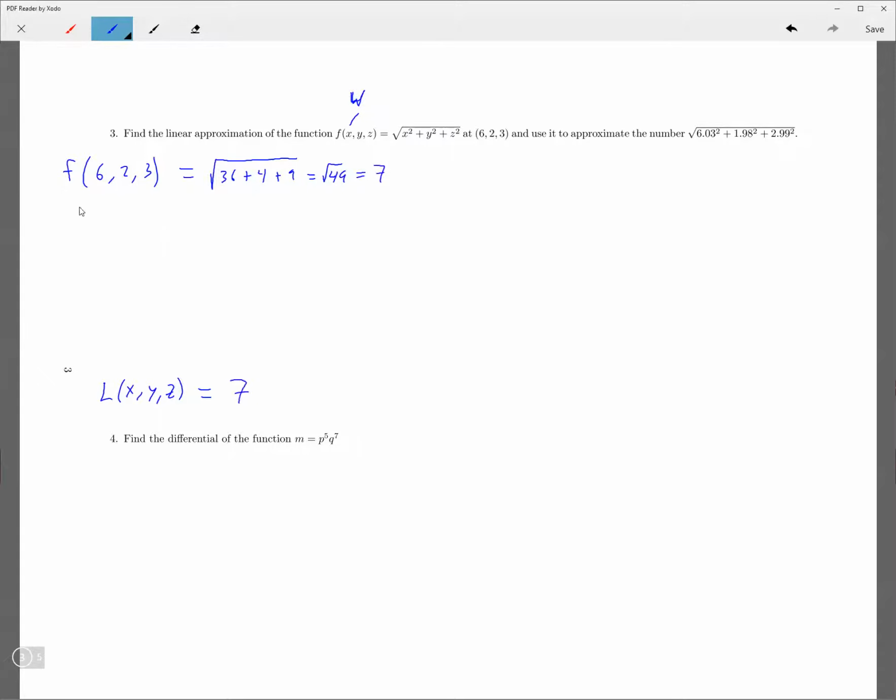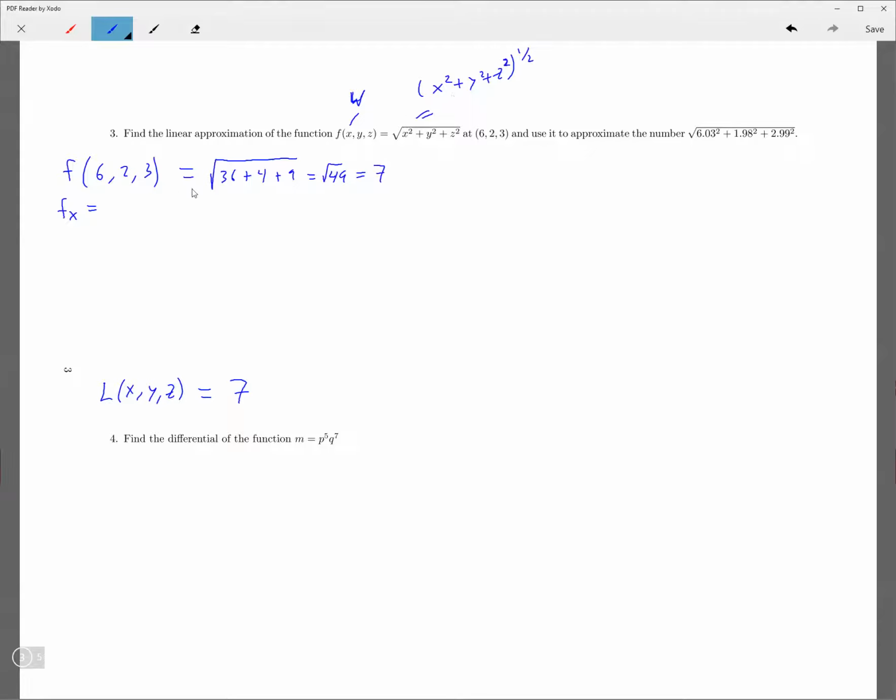Okay. Then the partial with respect to x. This could also be written as x squared plus y squared plus z squared, to the 1/2. So it's the partial with respect to x.